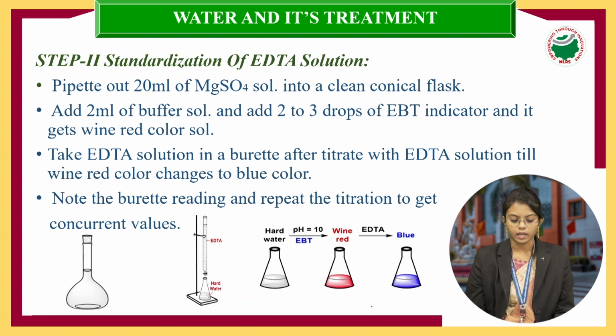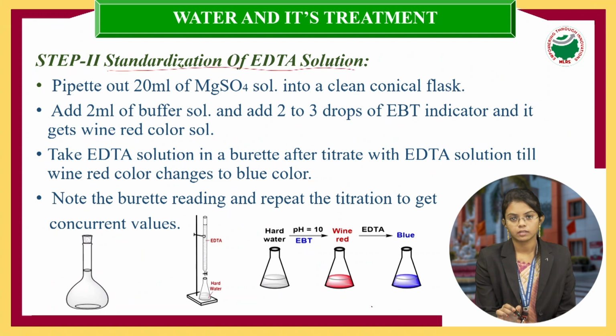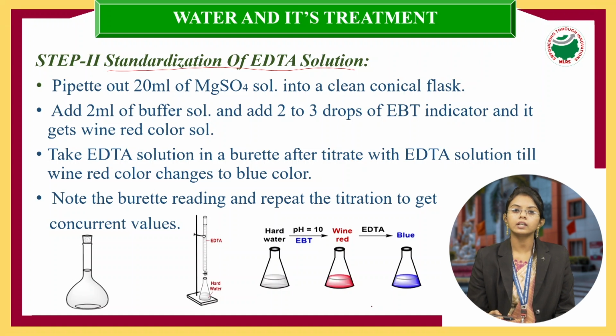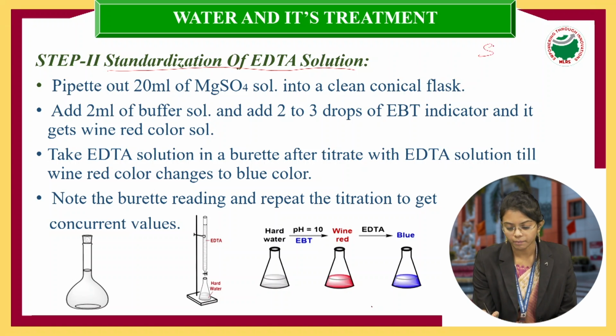Coming to the next step, the standardization of the EDTA solution. Now in the second step, we are going to start the titration process using the MgSO4 solution that was prepared in step 1.